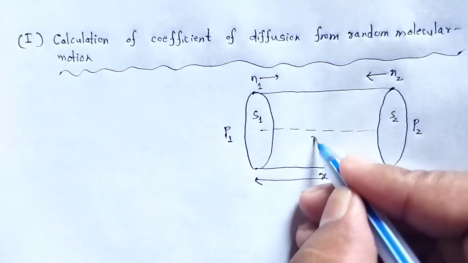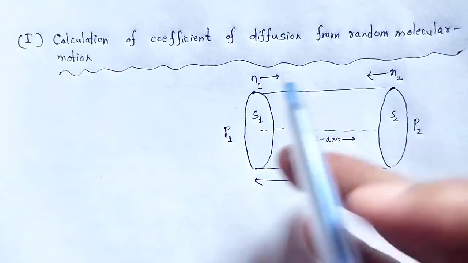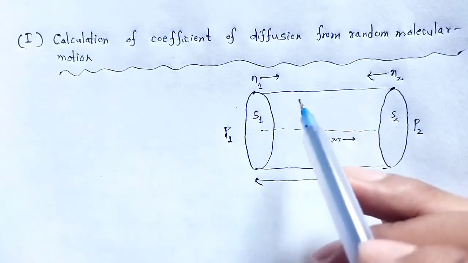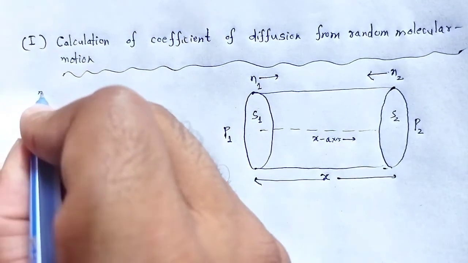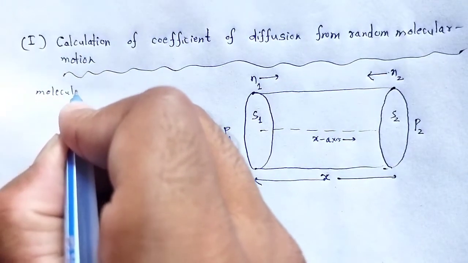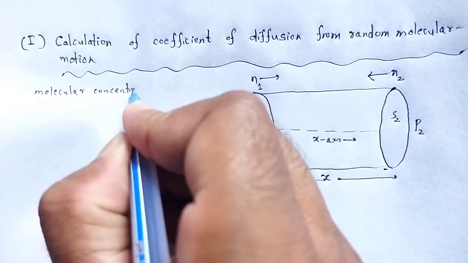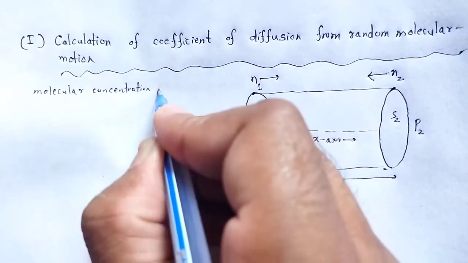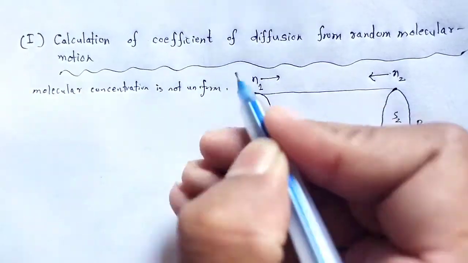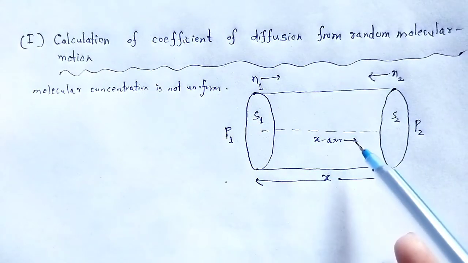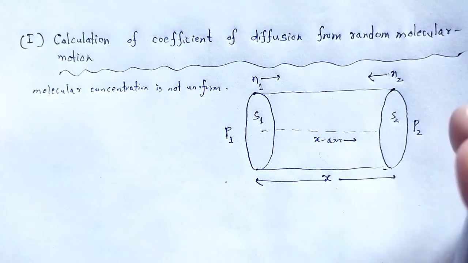This is the x axis. So here the molecular concentration is not uniform and has a gradient along the x axis, causing the diffusion of particles.